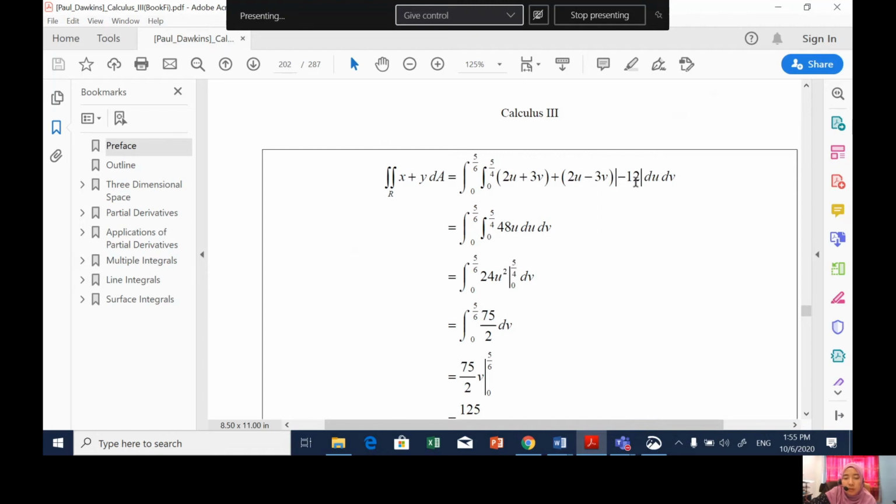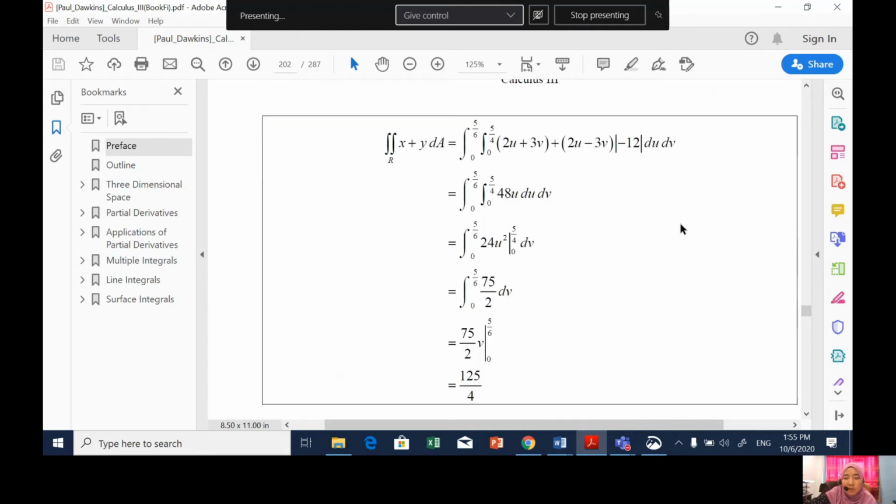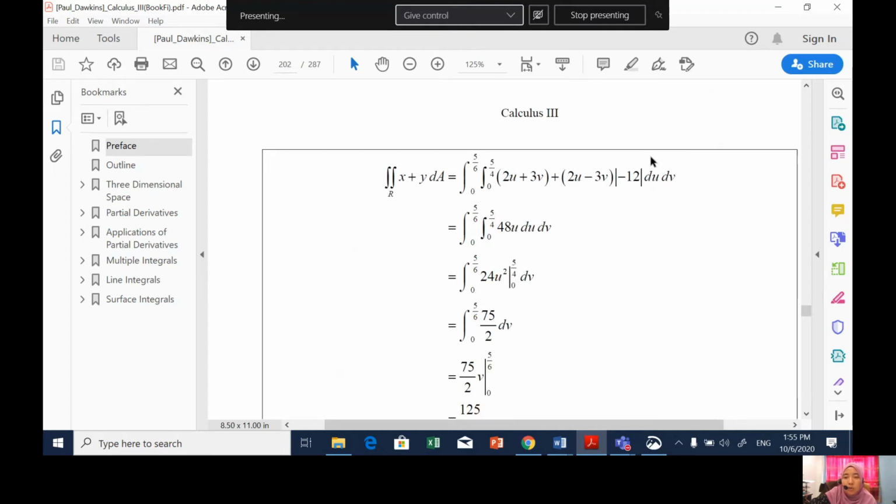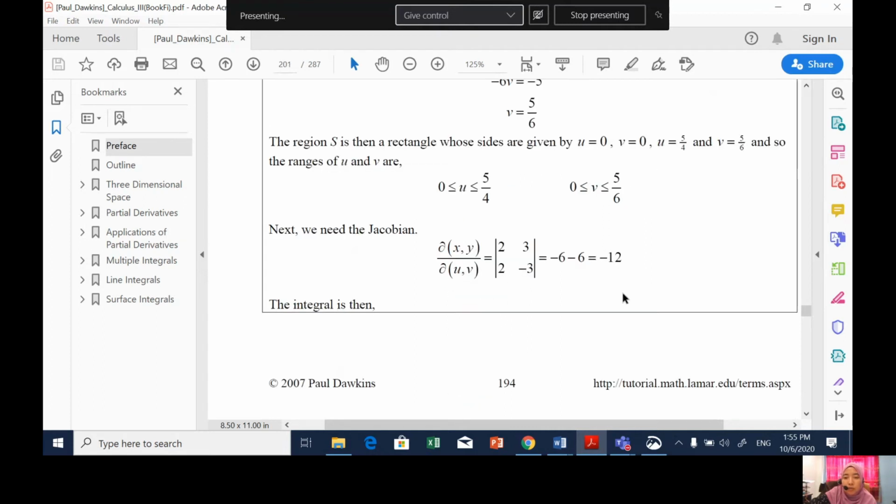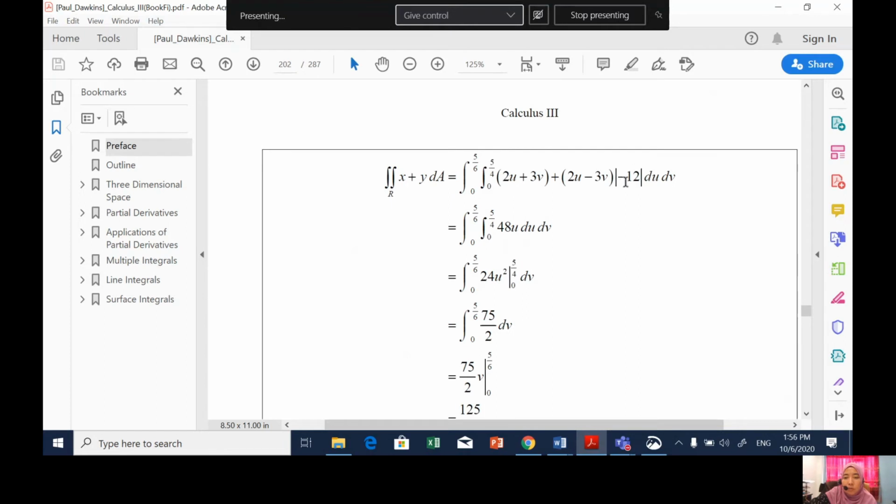Here we have negative 12, so when we put the absolute symbol, this part must be positive. Okay, and then we have du dv.